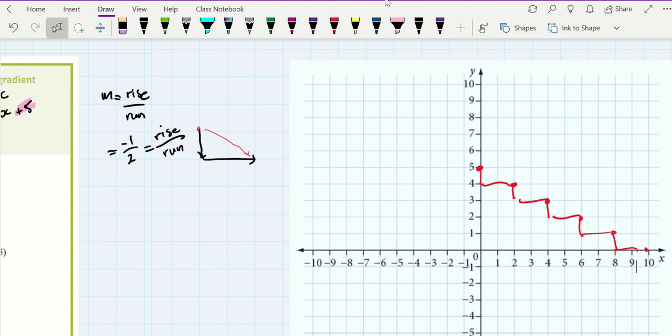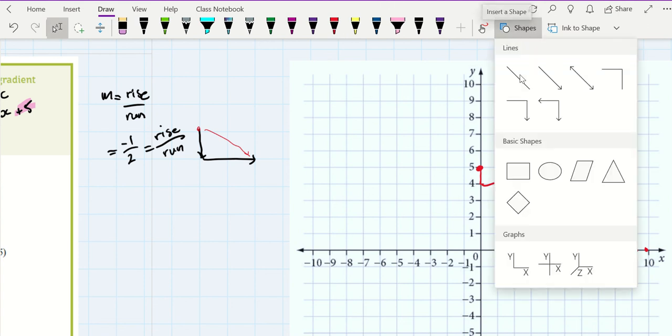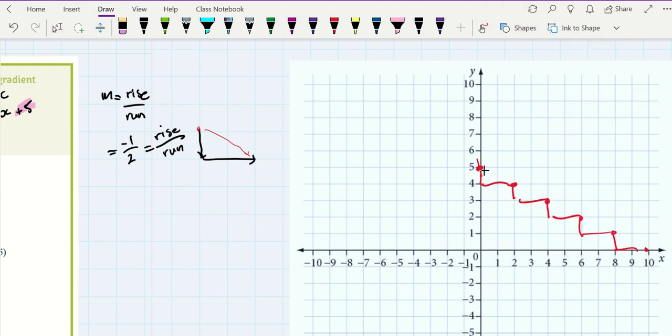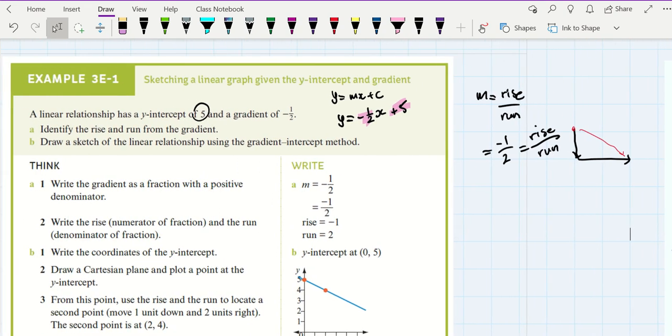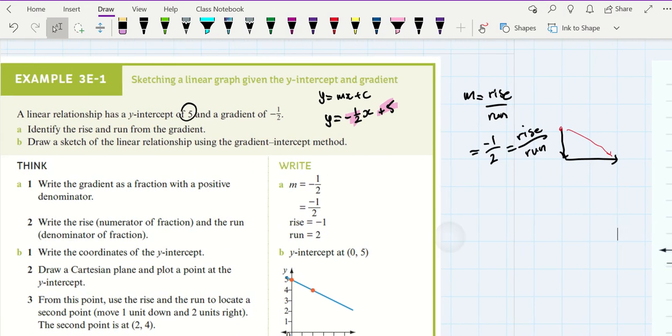Now we can just draw our line in, with a ruler. Not very nice on OneNote, but we're getting the job done at the moment. So we have now drawn our sketch of the linear relationship.